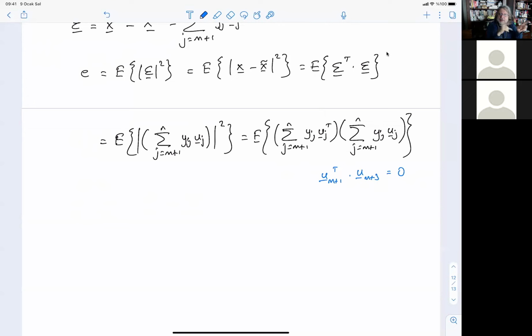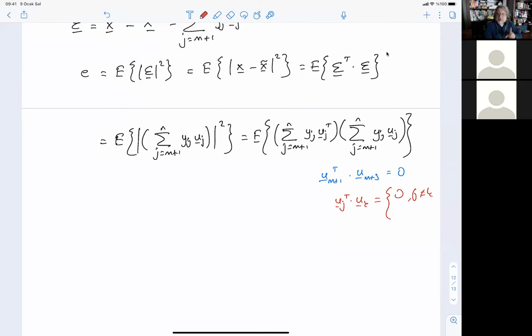So all of the cross terms in this multiplication of two summations will be zeros. They will correspond to different u_j transpose and different u_k. So I can essentially write it like this in red this time. u_j transpose times u_k is equal to 0 whenever j is different than k.